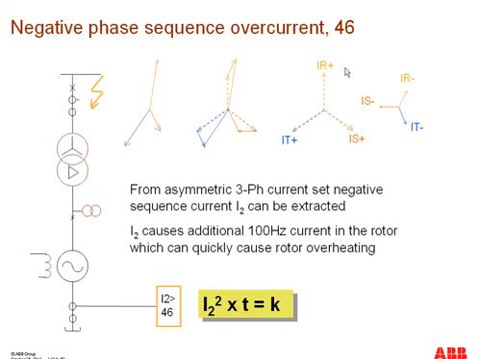Right here, you have the positive sequence quantities and the negative sequence quantities, and these are your asymmetric three-phase currents. So the relay calculates the negative sequence quantities, and by using this model, it can calculate the rotor heating limits.